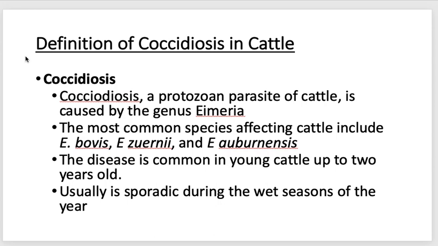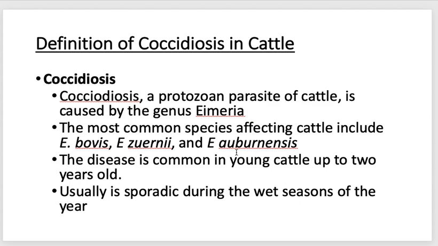In this large group of Eimeria microorganisms, there are several species which cause disease in cattle, but there are three common species: Eimeria bovis, Eimeria zuernii, and Eimeria alabamensis.